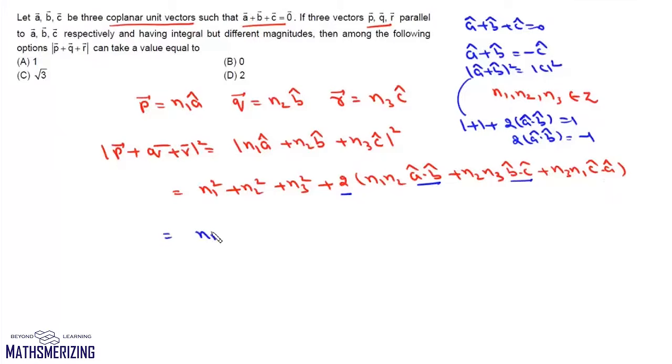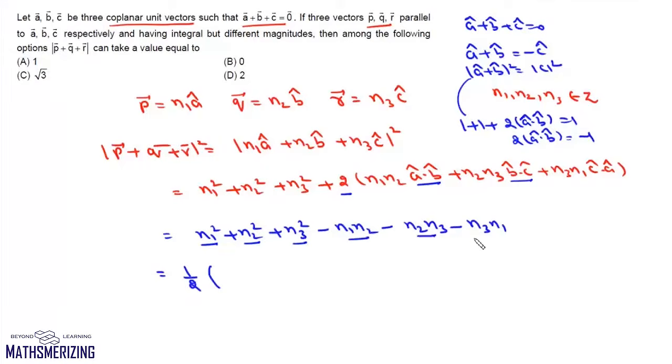So it will be N1 square plus N2 square plus N3 square minus N1 N2 minus N2 N3 minus N3 N1. Now we can write this as 1 by 2 times (2N1 square, 2N2 square, 2N3 square, minus 2N1 N2, 2N2 N3, 2N3 N1).